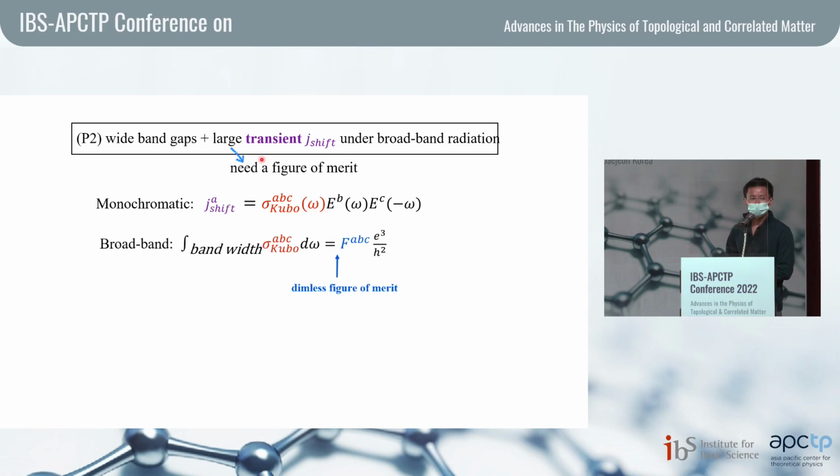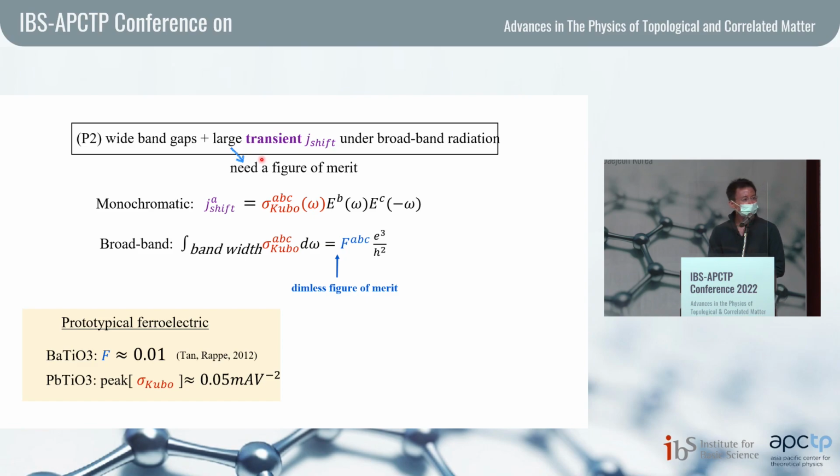Now, for broadband radiation, my figure of merit would be to integrate this conductivity over all frequencies, over the frequency corresponding to the bandwidth, essentially. And the nice thing about this is that for three-dimensional insulators, this integral has units of e cubed over h squared, so it's all fundamental constants. So I'm going to define whatever coefficient F there as my dimensionless figure of merit.